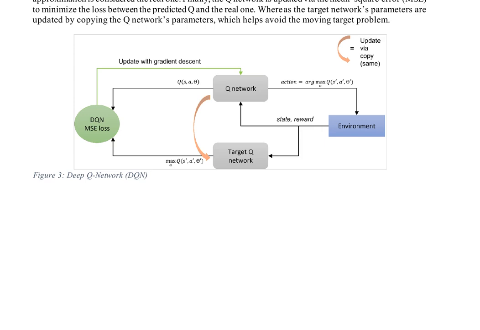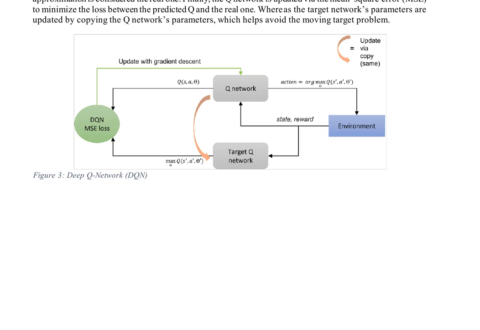After multiple episodes, transitions are sampled randomly from the replay memory to compute their corresponding Q values. The Q network's predicted Q value is compared to the target network's Q value, calculated using the Bellman approximation. The Q network is updated via mean square error, MSE, to minimize the loss between the predicted Q and the real Q. The target network's parameters are updated by copying the Q network's parameters, avoiding the moving target problem.